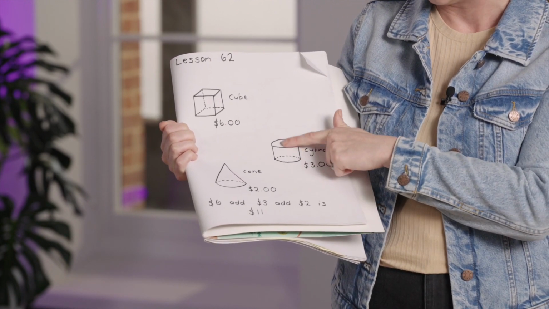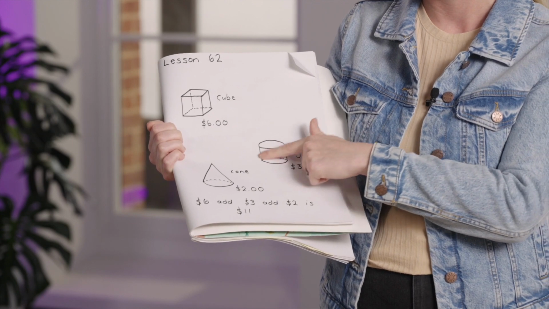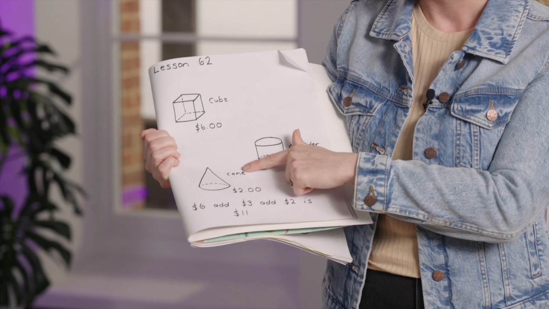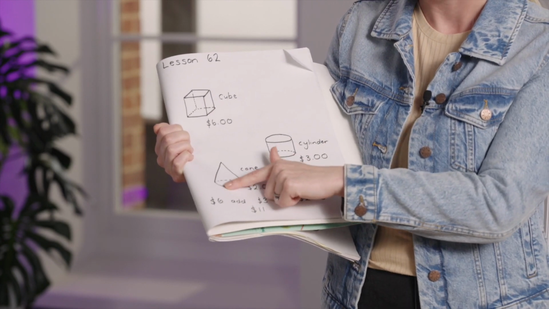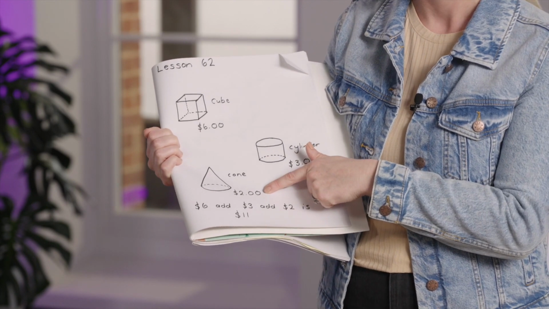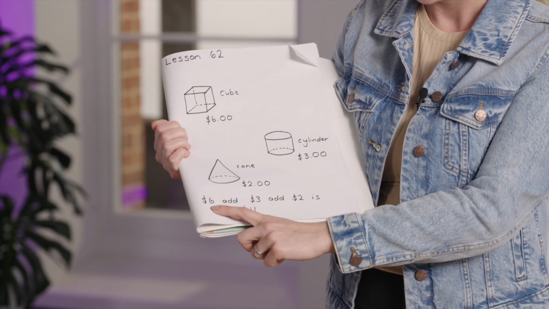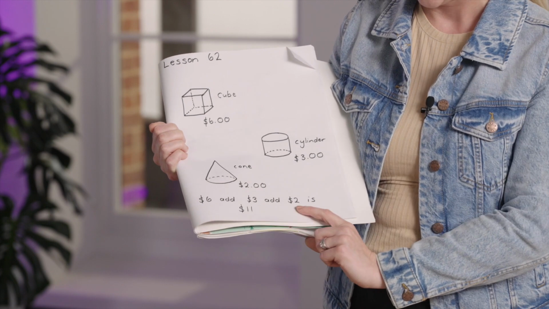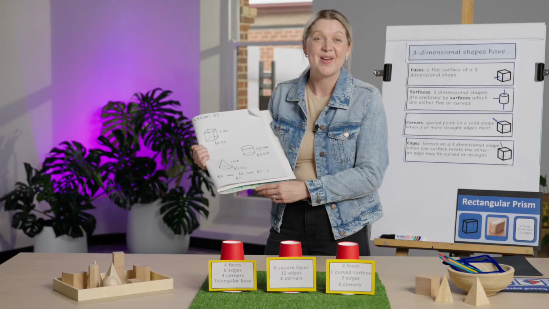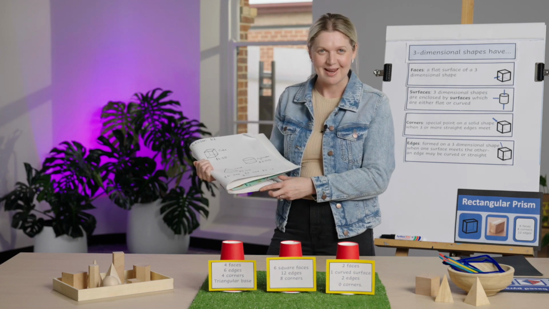It has 2 flat faces and a curved surface here. So the cylinder was $3. And a cone has a flat face and a curved surface. So that was $2. And when I add 6, add 3, add 2, my total was $11. I hope you had fun shopping at the shape shop.